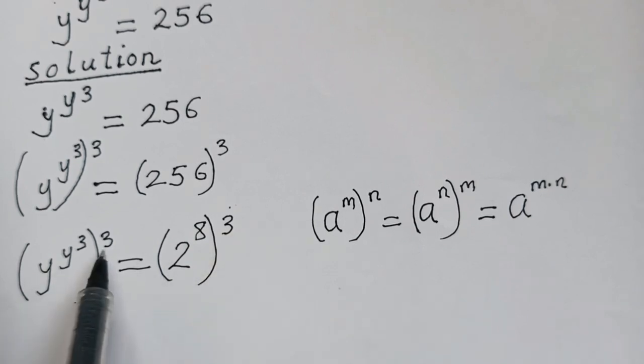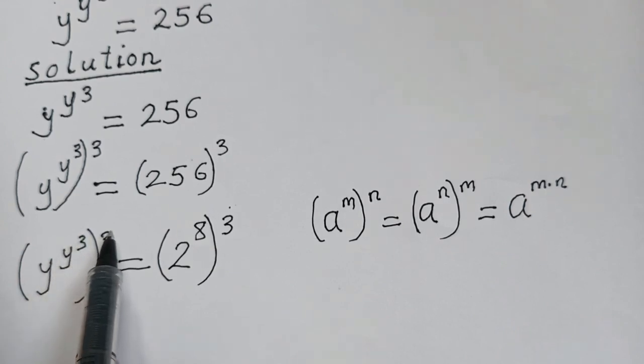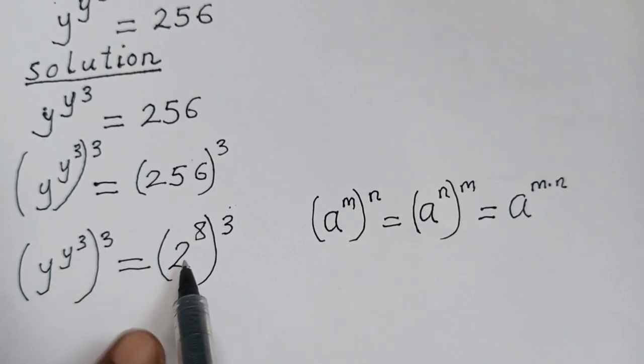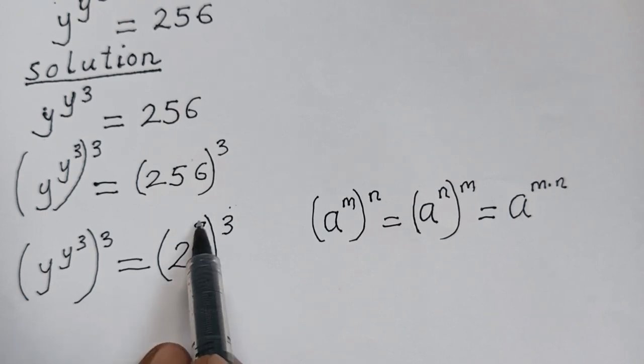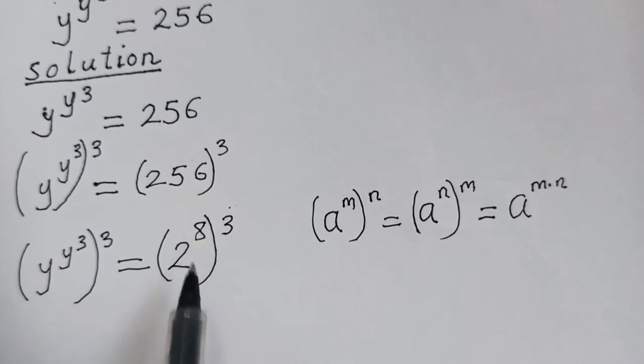So we are going to exchange these exponents. The one which is inside will be outside, and the one which is outside will be inside. The same applies here: the 8 which is inside will be outside, and that 3 which is outside will be inside.